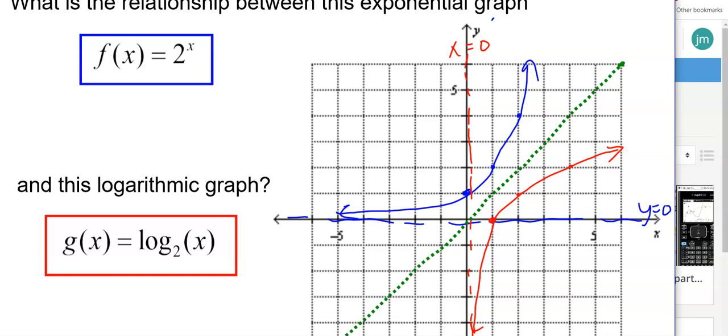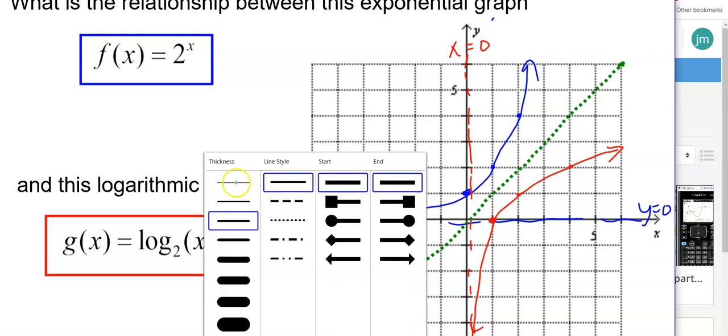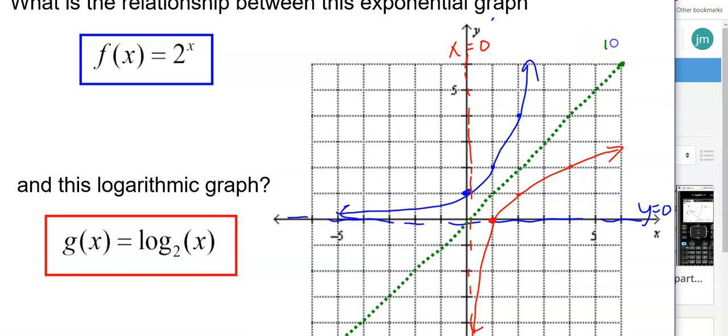Oh, that's better. That line, by the way, has a name. It is called the identity line. So this is the line y equals x. It's the identity line. If you reflect across that line, right, you get the inverse function.